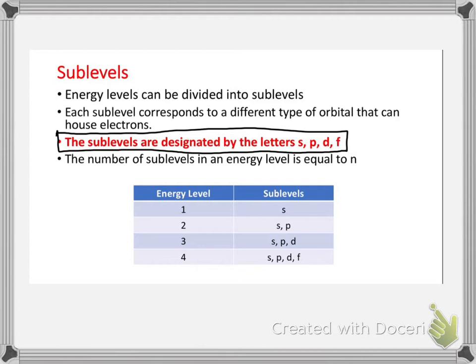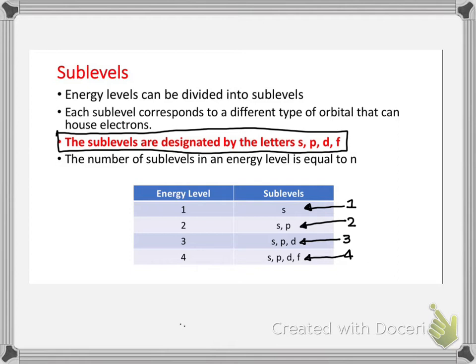So the energy levels are divided into sublevels, and here I have their relationship. Whatever the energy level is, that's how many sublevels it gets. The first energy level, which is closest to the nucleus, only has one sublevel inside of it, and that's an S. The second level has 2, S and P. The third level has 3, and the fourth level has 4.